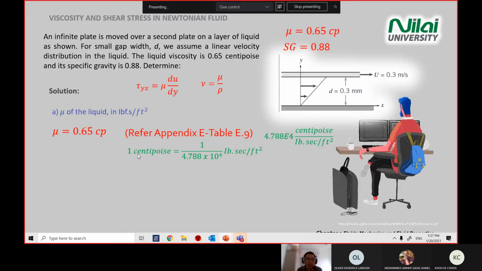We intend to find what 1 centipoise equals to in pound second over feet square. That's why in our calculation, we divide 1 over 4.788 times 10 power 4 on the right hand side. Any question before we move on?